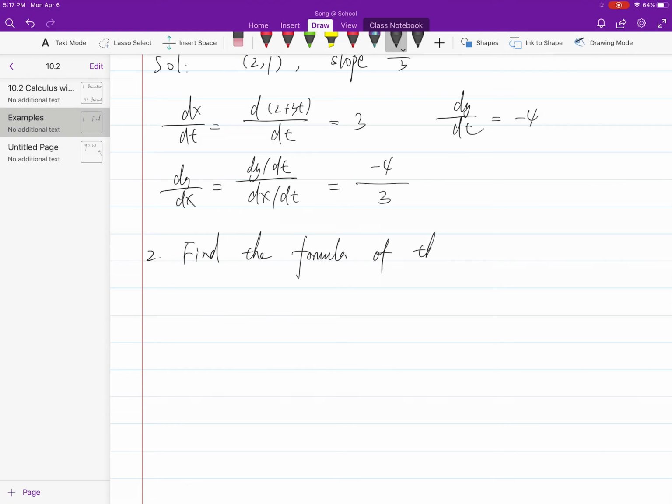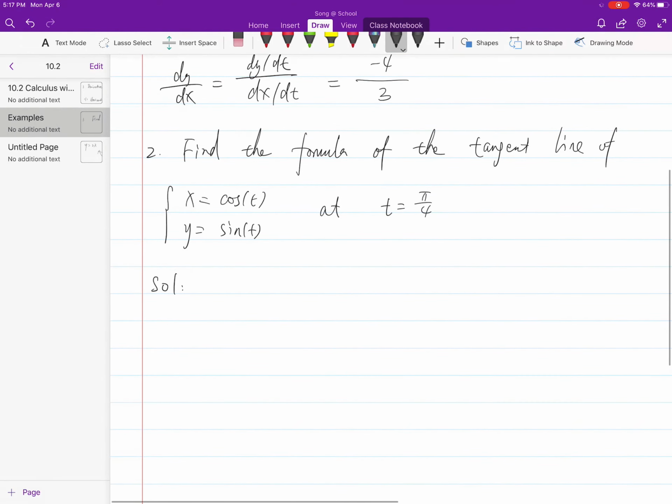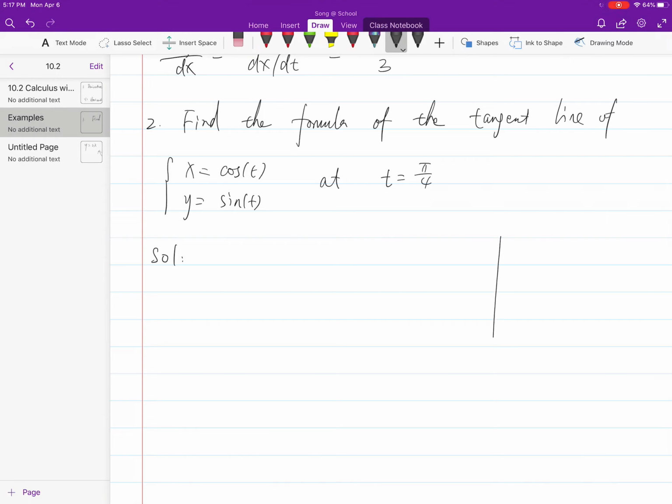Let's try this. Find the formula of the tangent line of x equals cosine t, y equals sine t at t equals pi over 4. Okay, from what we have here, we know this is going to be a unit circle.